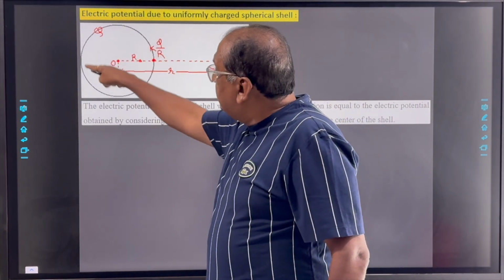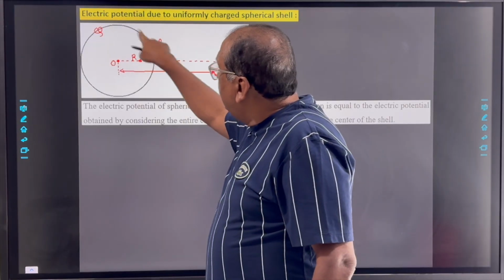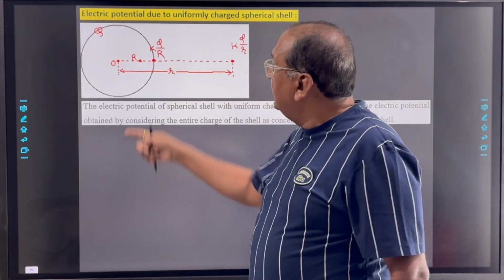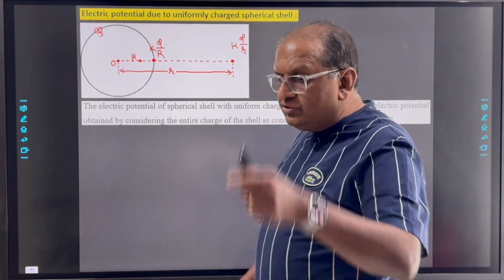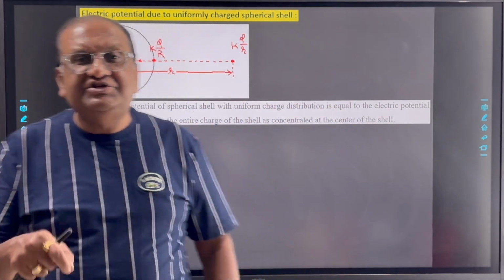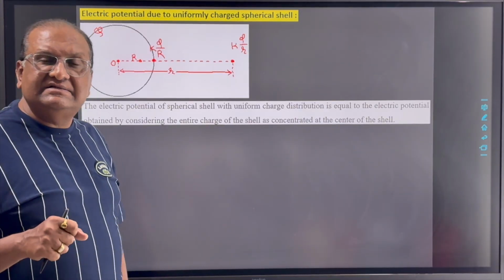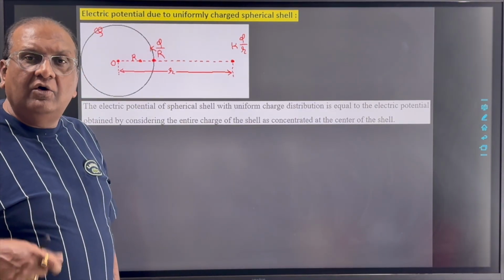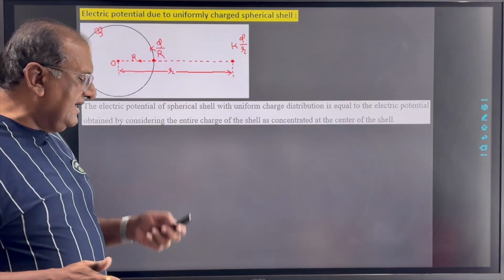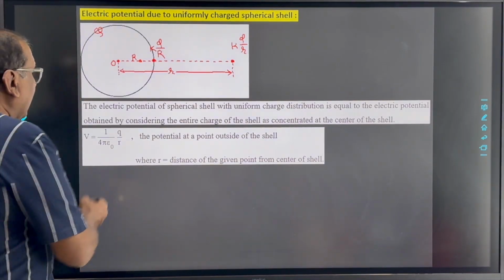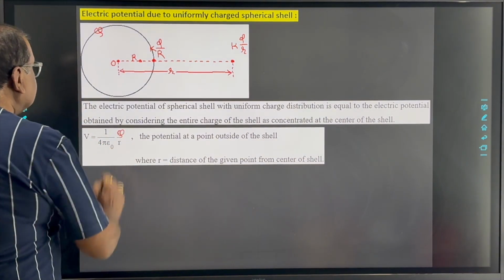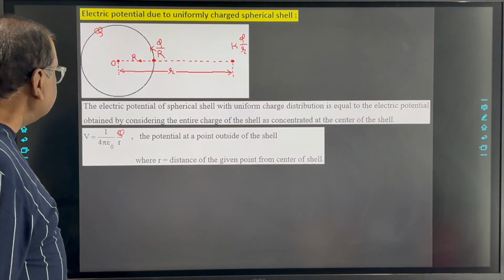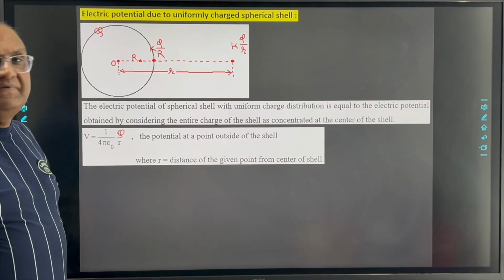It implies that this entire charge Q behaves like a point charge at the center. So due to a point charge, the potential at a distance r is 1 upon 4 pi epsilon 0 Q by r. So we can write V equal to 1 upon 4 pi epsilon 0 Q by r.